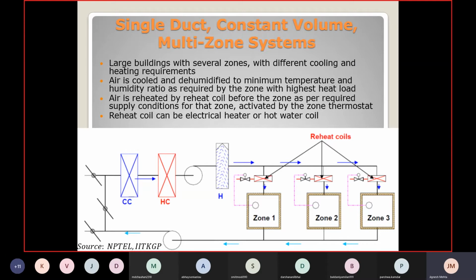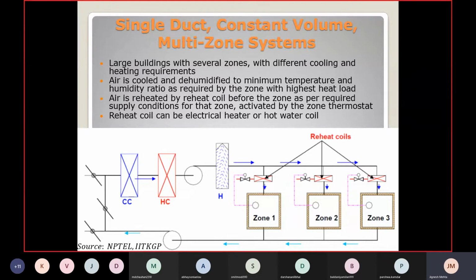So this is the thermostat with the help of which you can govern the temperature in the zone. If the load is less, this thermostat, which is set at a particular temperature, will accordingly give a signal to this reheat coil, and the amount of heating may be zero, or can go as per the requirement.